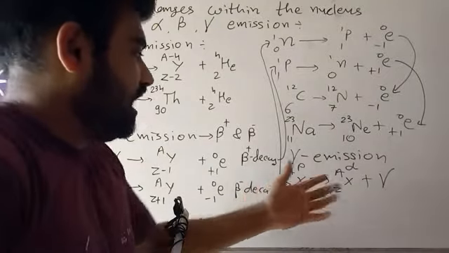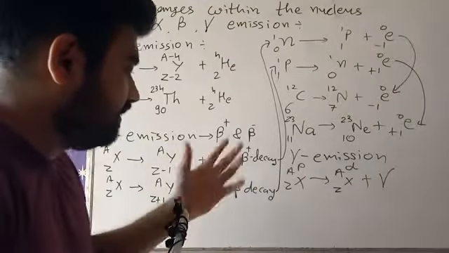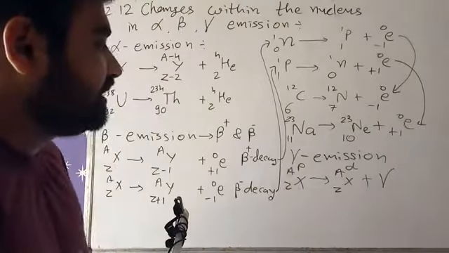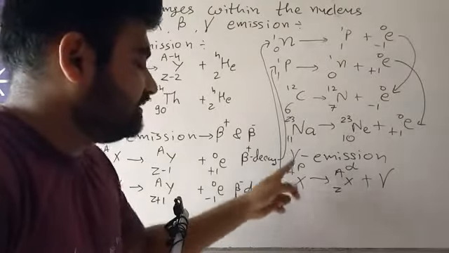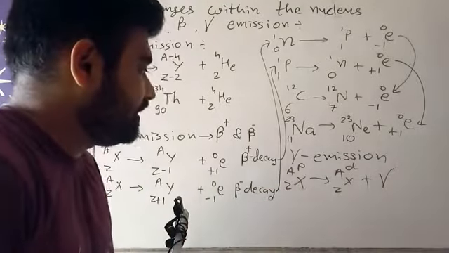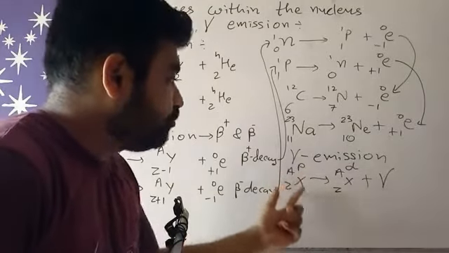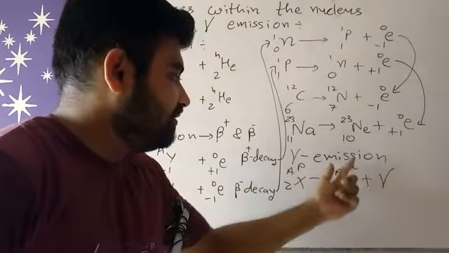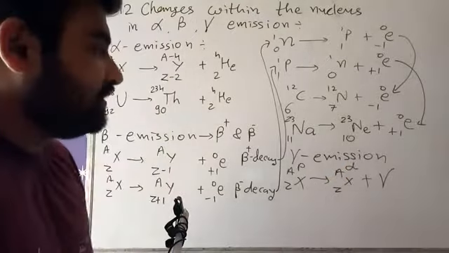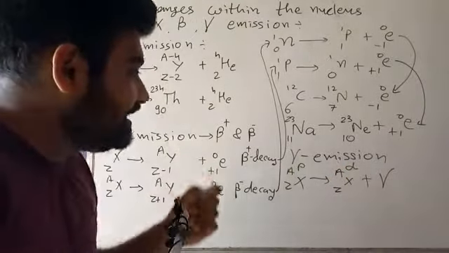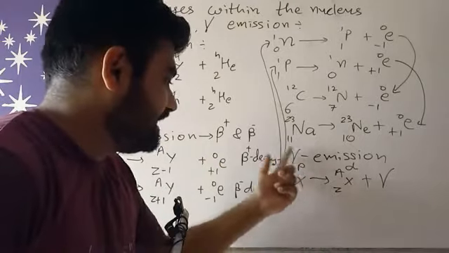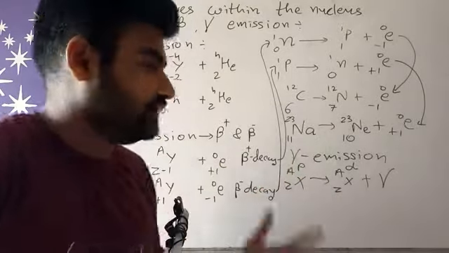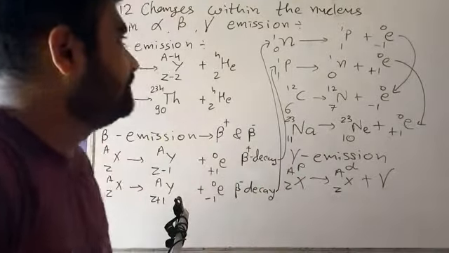Why does this process occur? Whenever an element is in an unstable state, it wants to get to a stable state, so it emits gamma rays, and now it is in a stable state. So gamma emission only converts an unstable state element to a stable state element; that is why gamma emission occurs.